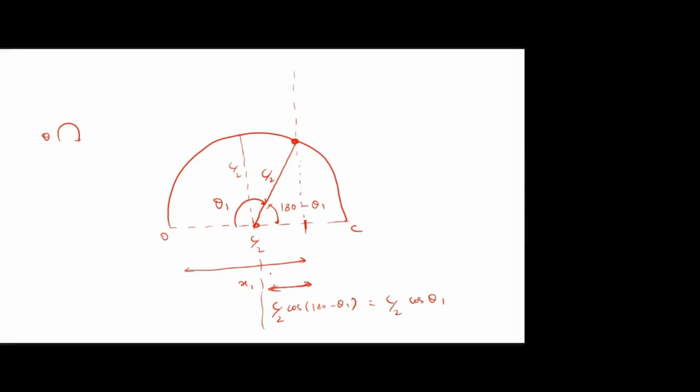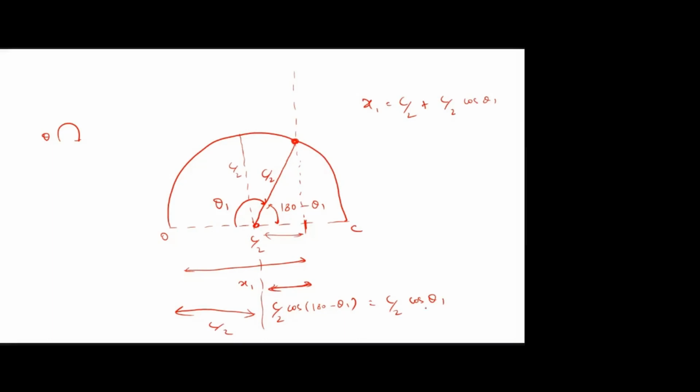So now see this distance. It is simply c by 2. From here to here it is c by 2 cos theta 1. Now I can write x1 as c by 2 plus c by 2 cos theta 1. I think minus: cos 180 minus theta is minus cos theta.